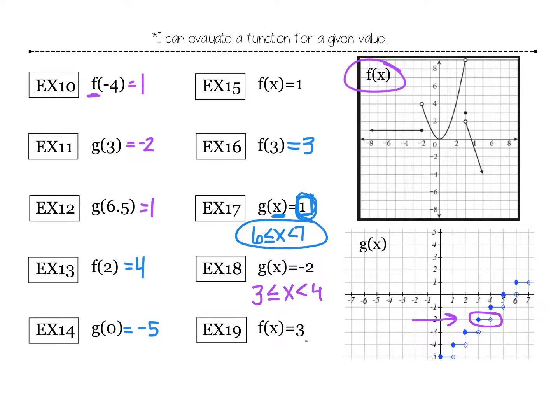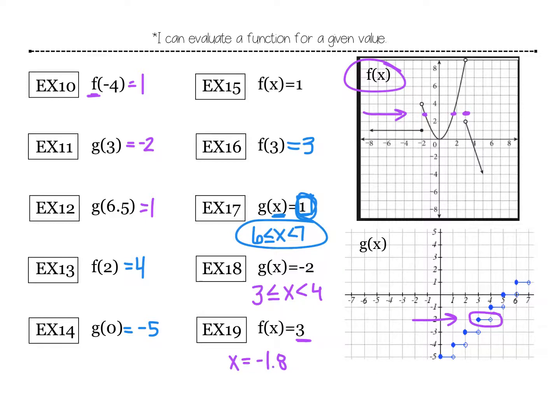So I'm looking for what is the input when the output is 3. So we're looking right here when the output is 3, and if you notice, it's happening right here, and right here. So there's actually 3 x values. Output is 3 when x is like -1.8. We're just going to estimate.